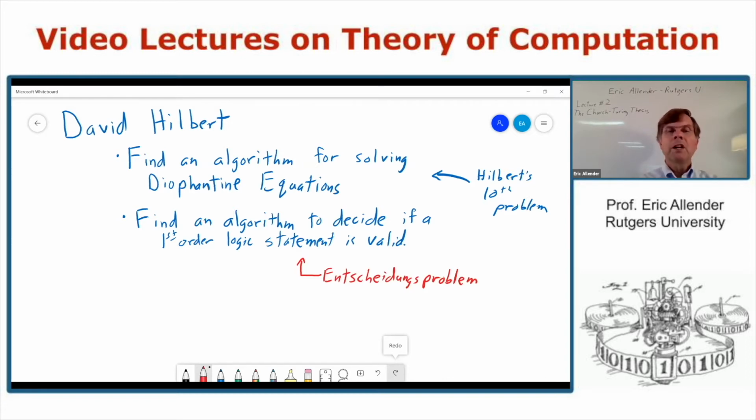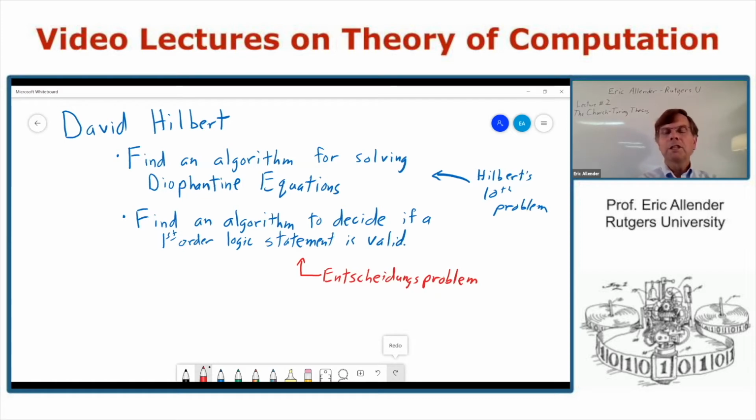So there's a very close connection between these problems, actually. And Hilbert apparently never even contemplated the possibility that these algorithms would not exist. But Church and Turing were largely motivated by trying to show that, in fact, there cannot be an algorithm.